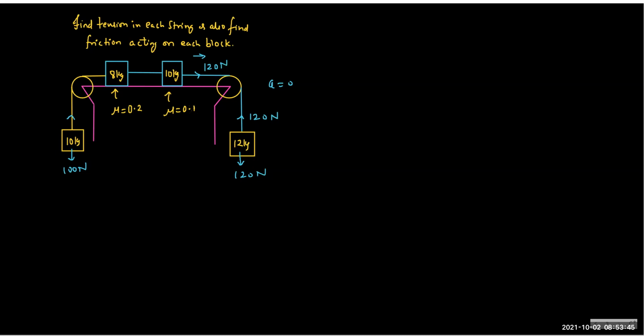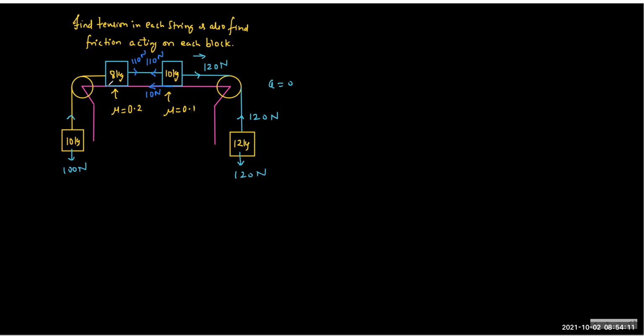Now if I assume the friction is trying to oppose here, how much friction can it apply? It can apply 10 Newton max. So the tension developed here must be 110. But if this is the tension acting here, this will also be 110.